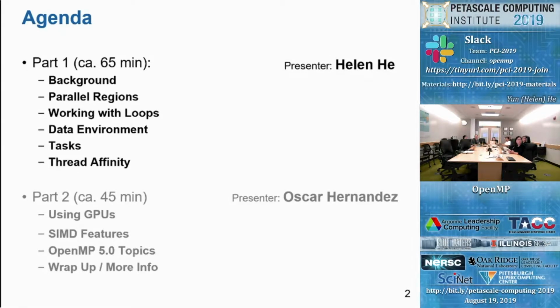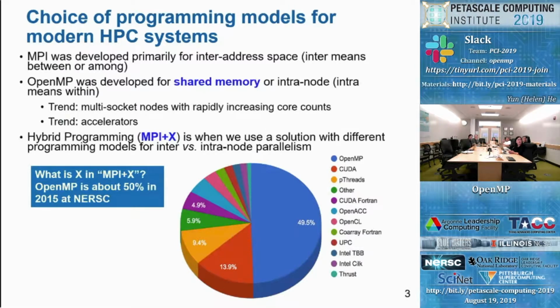Next slide, please. Today's HPC computers have increased node counts, a large number of nodes, and within each node, there are a lot more core counts, with increased vector lengths.